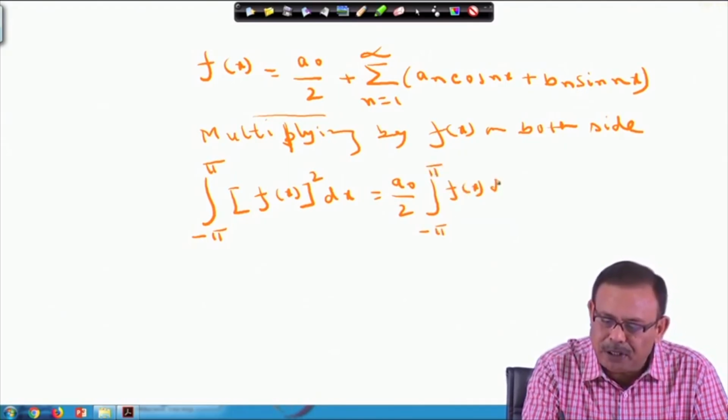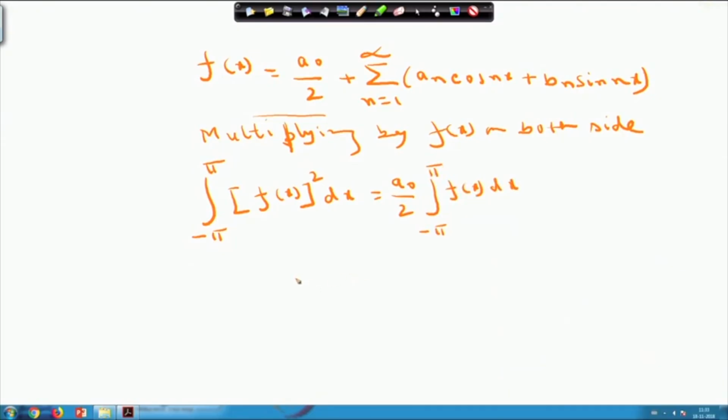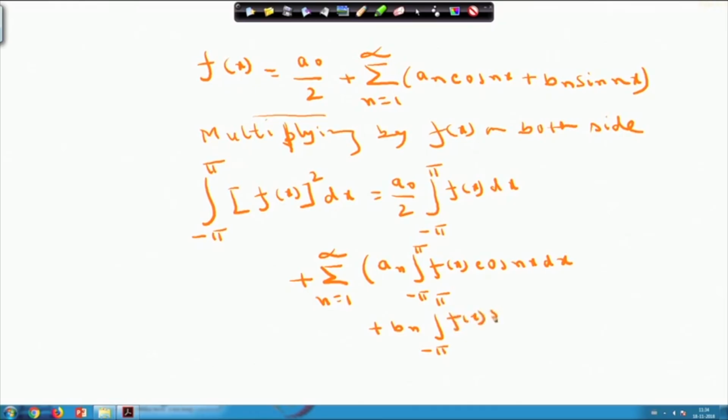We have multiplied by f(x) on both sides, plus summation n equals 1 to infinity, a_n into the integral from minus pi to pi f(x) cos nx dx, plus b_n into the integral from minus pi to pi f(x) sin nx dx. So, what are we doing here?